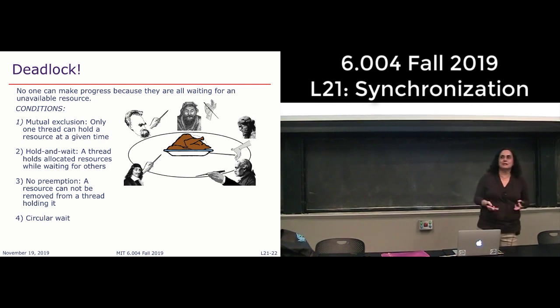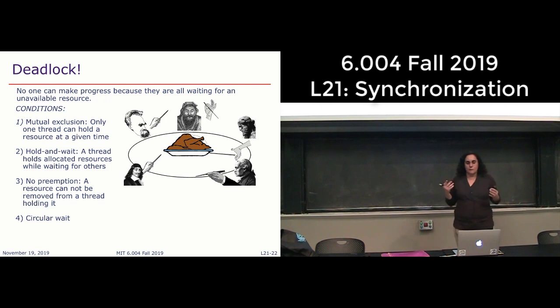So let's take a look at what happened in this example that made us arrive at this deadlock. There are a few things. The first thing is mutual exclusion. We had a situation where only one thread could hold a resource at any point in time, so only one of the philosophers could hold the chopstick.